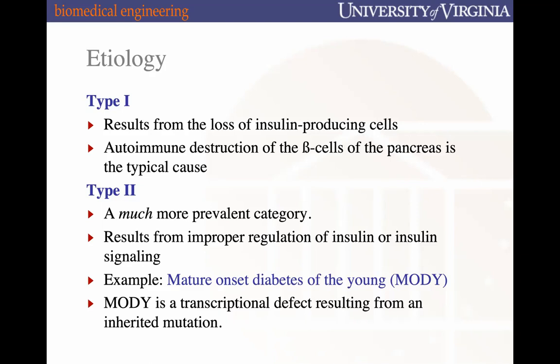One example is mature onset diabetes of the young, or MODY, which is not an autoimmune disease, but rather an inherited transcriptional defect. MODY is one subset of type 2 diabetes. The other is insulin resistance, which is typically what we associate with poor diet and poor exercise.